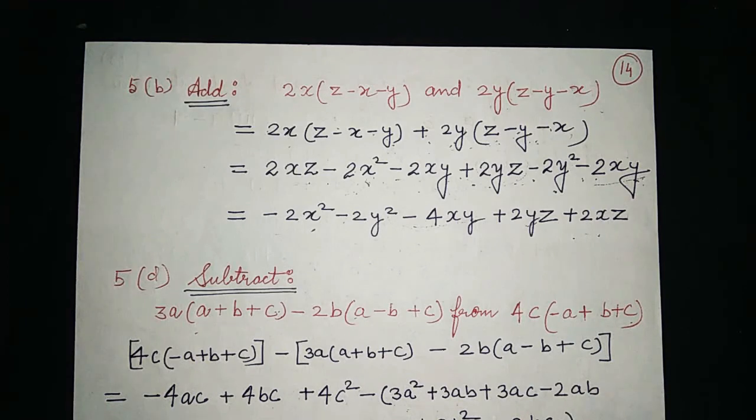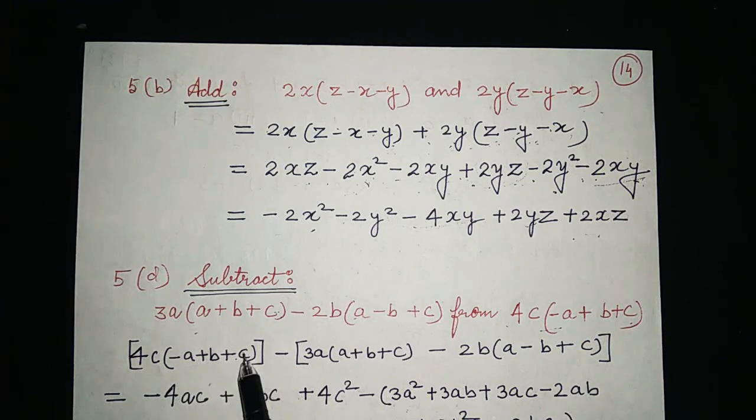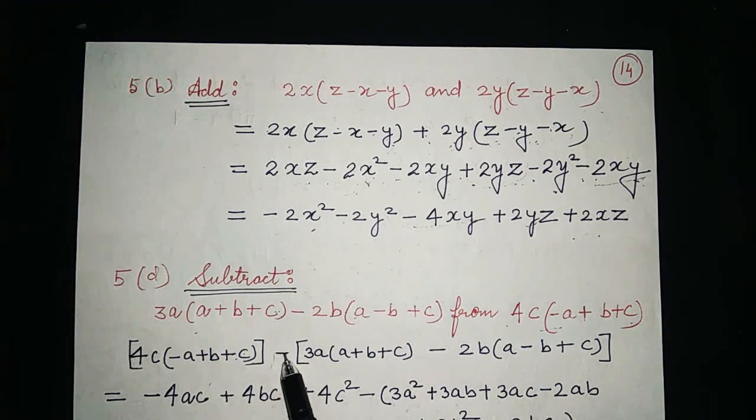So which expression will we write first? We will write 4c into (minus a plus b plus c) first, and we will close it in the square bracket. Now we will put the minus sign.